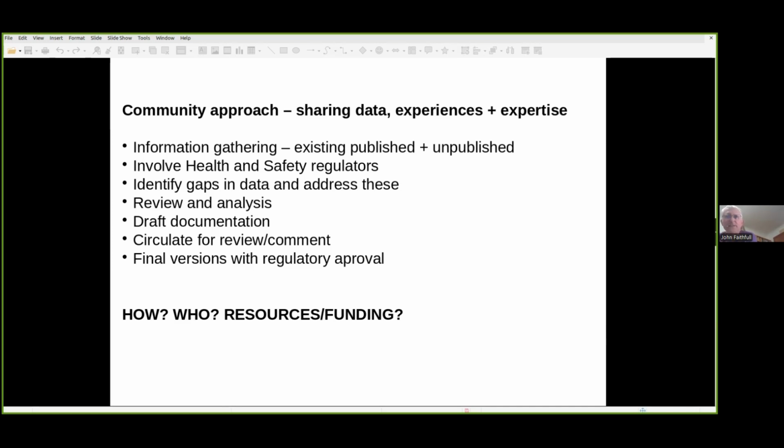Review and analyse all of this, prepare draft documentation, circulate that for review and comment among the wider geo community, and particularly the mineralogy and geochemistry community, who are mostly involved in rock crushing and these other things, and with health and safety people, and then work with your regulatory bodies such as the Health and Safety Lab to get their stamp on good practice guidelines.